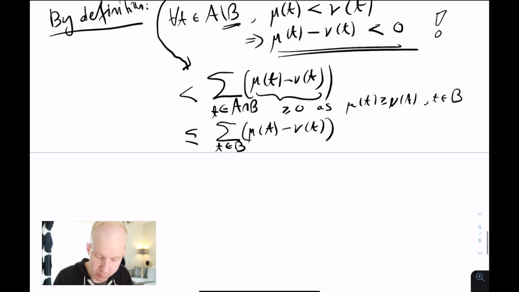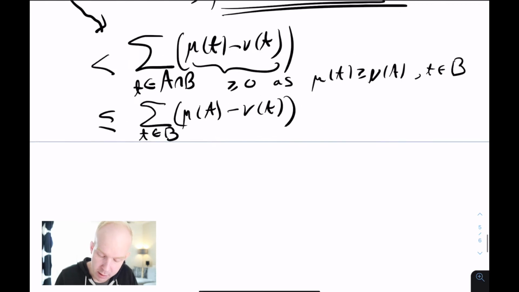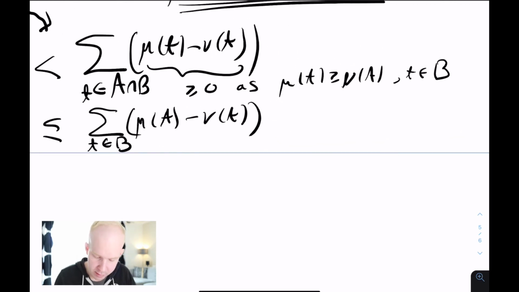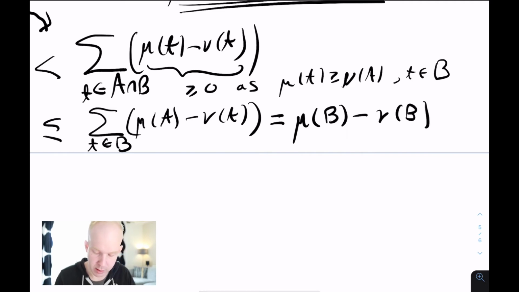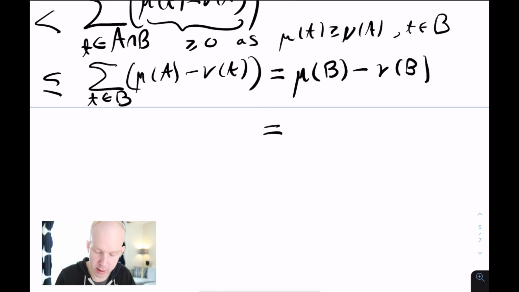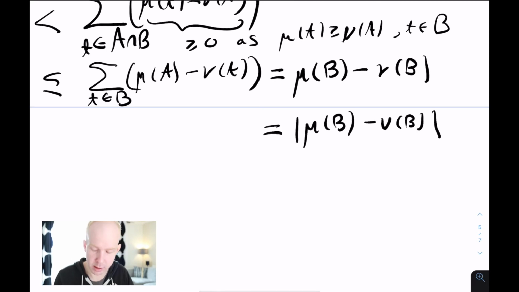And you can do this upper bound because there are not points that could be subtracted down. That's because they are all non-negative inside the set B. And now that we have this expression, we can just write this as mu B minus nu B, which is what we were claiming. Remember, this is mu B minus nu B because the set is positive.